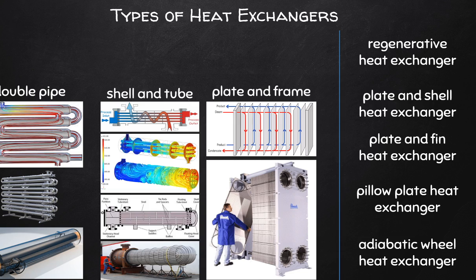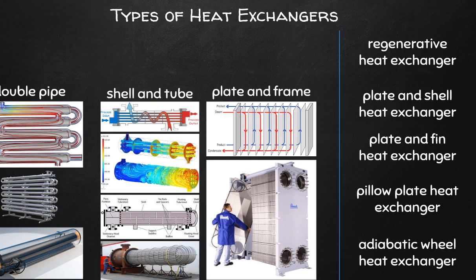Shell and tube heat exchangers enjoy use in all types of applications, including boiling and condensing, and are even used as chemical reactors to do reactive distillation sometimes, or just typical reactions where A goes to B. There are also plate fin exchangers.